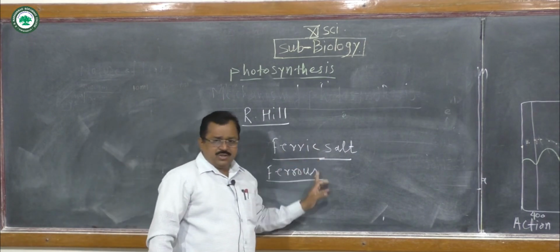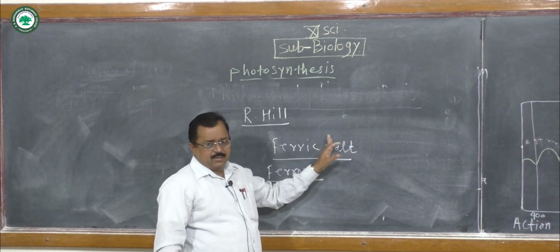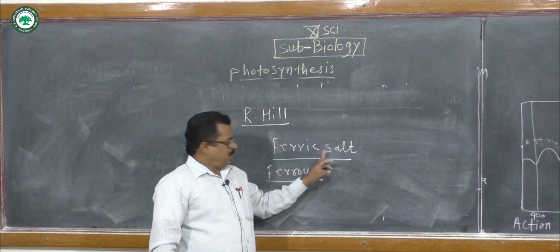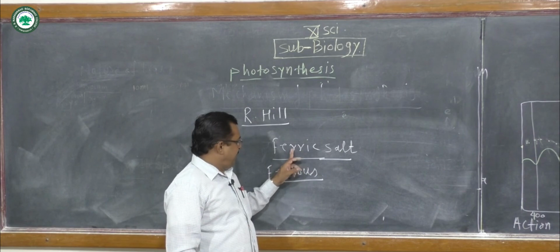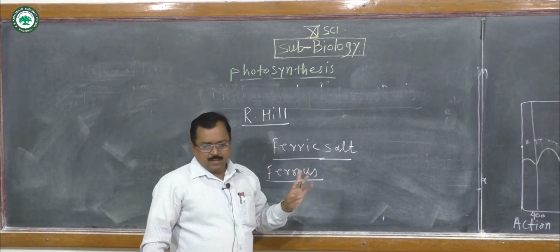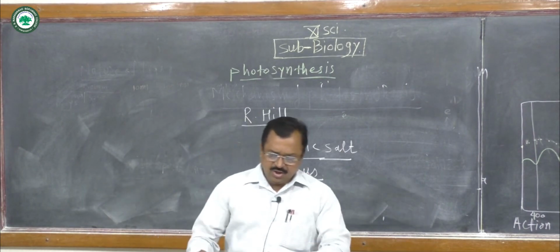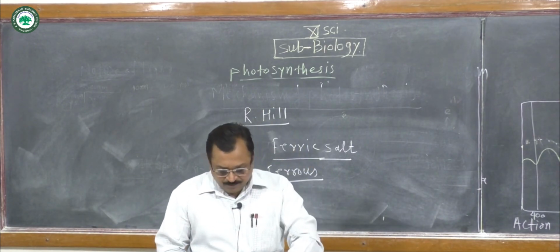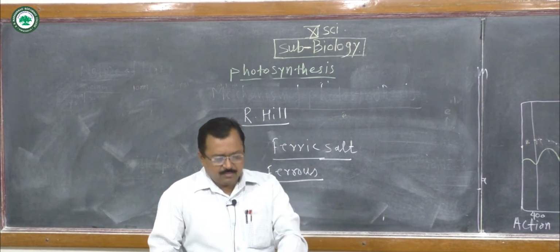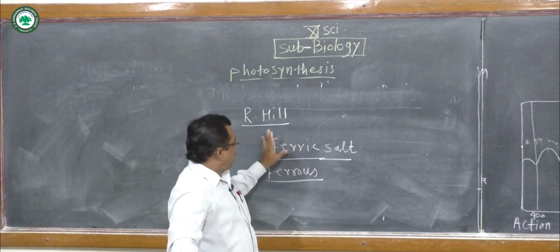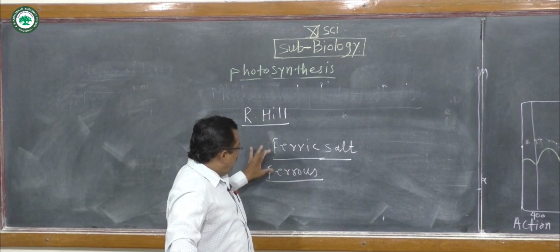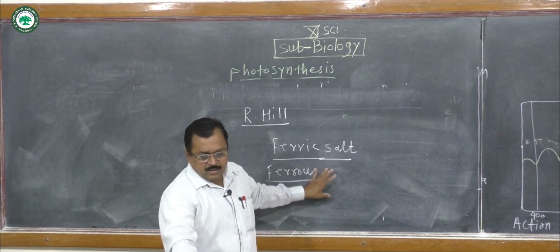This is because hydrogen is present and it is reduced. It gets converted from ferric into ferrous. Means here photosynthesis occurs in the absence of CO2, the ferric gets converted into ferrous, that is reduced by hydrogen.